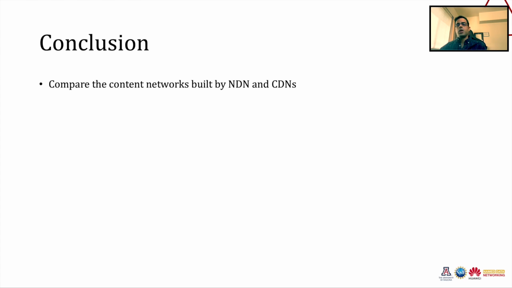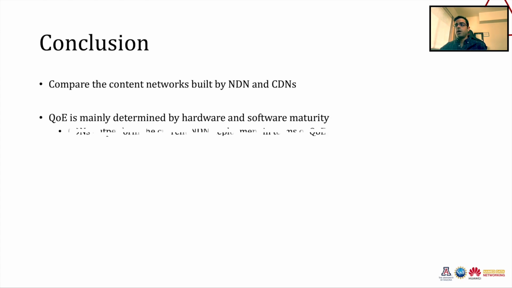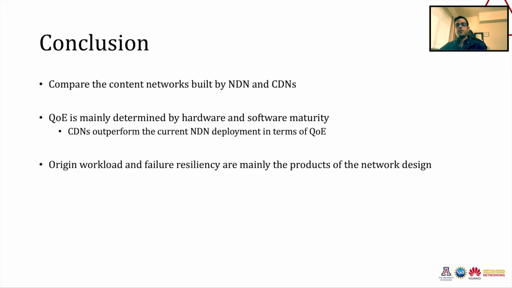We argue that quality of experience in these networks is mainly determined by their hardware and software maturity. That is why the quality of experience in CDNs is better than the NDN testbed at present. We also demonstrated that features such as origin workload and failure resilience are mainly the products of the design of these networks. That is where NDN outperforms CDNs.